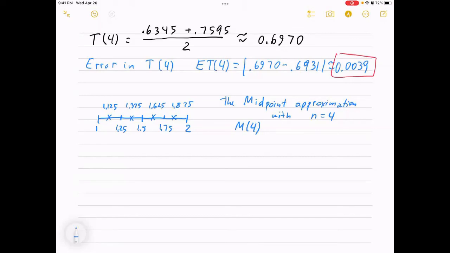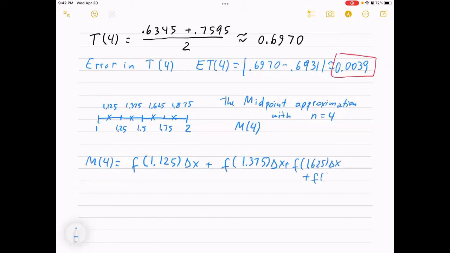So we got our midpoints, and we're ready to write down the expression for M4. The expression for M4 is going to be f of the midpoint of the first interval times delta x, plus f of the midpoint of the next interval times delta x, plus f of the midpoint of the next interval times delta x, plus f of the midpoint of the last interval times delta x.